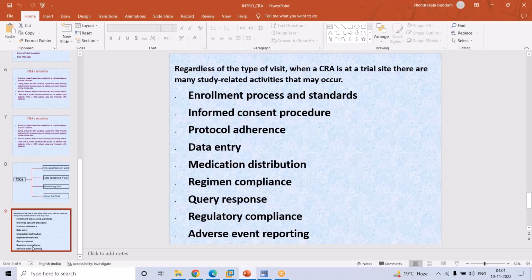Regardless of the type of visit, they plan and conduct all these 4 types of visits. When the CRA is at the trial site, there are many study related activities.